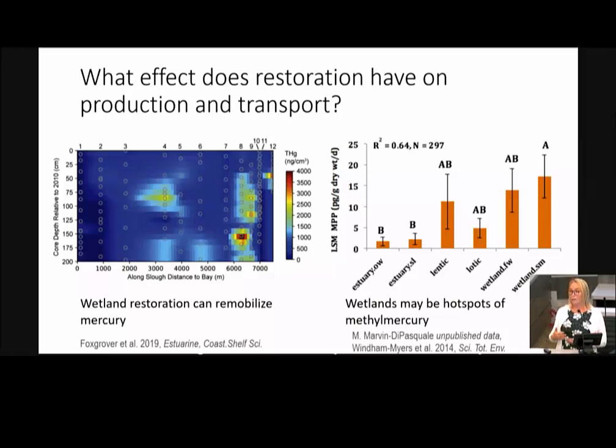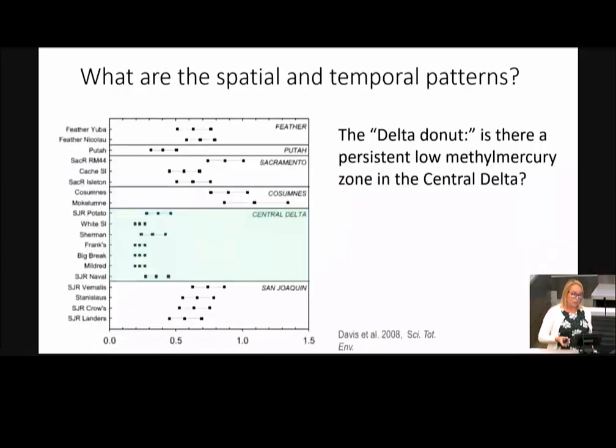And if this occurs in a wetland, these wetlands may have some of the biological conditions necessary to methylate that mercury and really amplify it in the food chain. This is unpublished data from my colleague Mark Marvin-DiPasquale that shows that we have much higher rates of methyl mercury in wetlands relative to some other systems from the South Bay. However, data on the effects of wetland restoration are limited because measuring mercury is difficult.